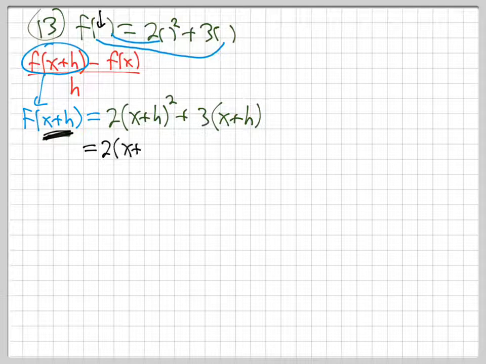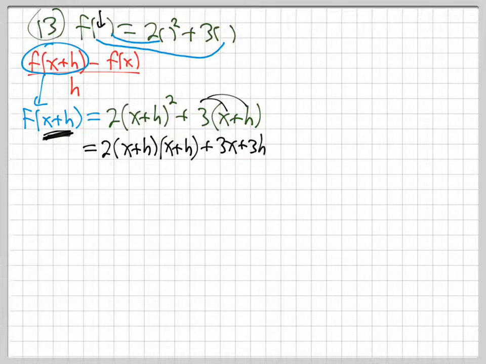So this means x plus h times x plus h, right? Whenever there's a 2 on a parenthesis, it means 2 of those. And the 3 needs to distribute, 3x plus 3h. Now, how do we do all this? Well, carefully. I'll leave the 2 sitting in the front. When you have two parentheses, you just do first to both, second to both.